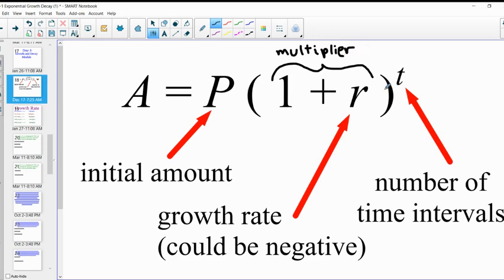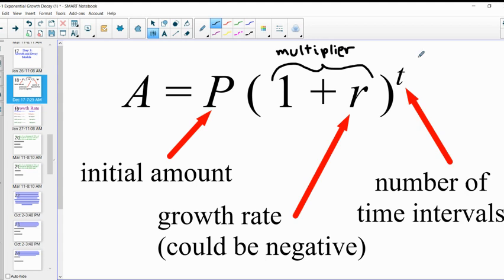Our multiplier of 1 plus r. So if something is doubling, we can think of that like it's got a growth rate of 100%. And then our growth rate of 100% is represented with 1, and 1 plus 1 is 2, and so we multiply by 2. Usually when I hear doubling, I just think multiply by 2, tripling, multiplying by 3. But we could think of it as a growth rate of 100% or 200% or whatever it is.